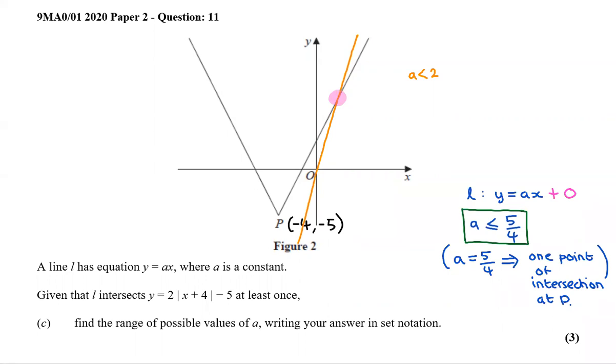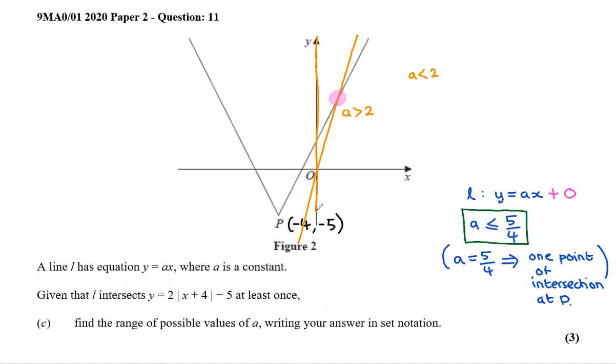Well, I just have to think about what I've done. I've said that A has to be greater than 2. Now is that enough? Well, yes, because as you make the line steeper, a vertical line parallel to the y-axis has a gradient of infinity, so it has a limiting behavior.